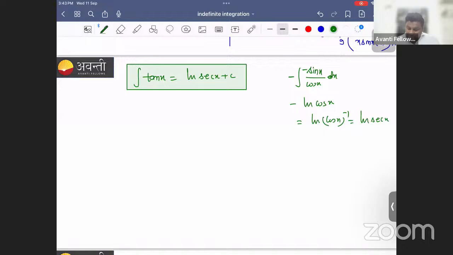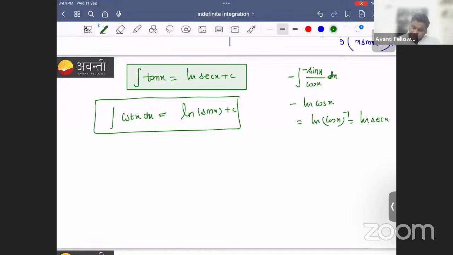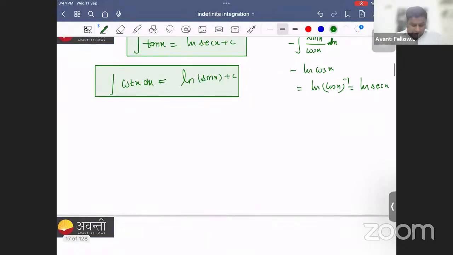Got it? Now integration of cot x dx. So it will be ln sin x. Integration of cot x is ln sin x. There are two more formulas. I'll directly write them. You just remember them.